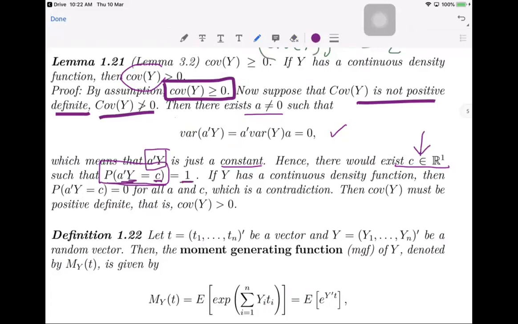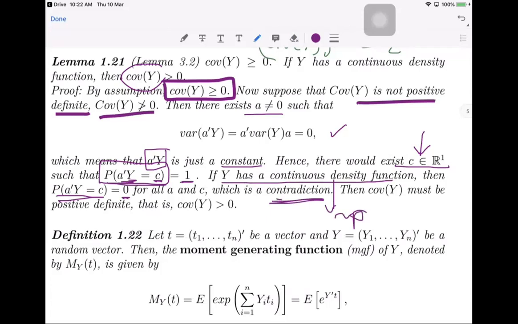You are very sure. Now, but if Y has a continuous density function, the probability that it is exactly equal to a constant is 0 for all C, which is a contradiction. So we have shown that it is not P, no?